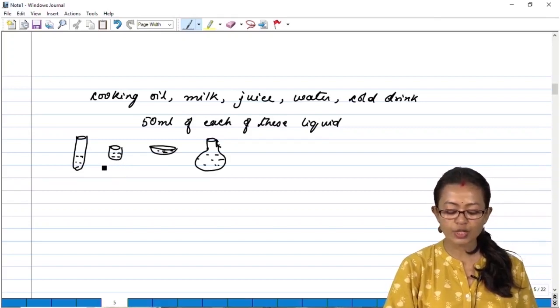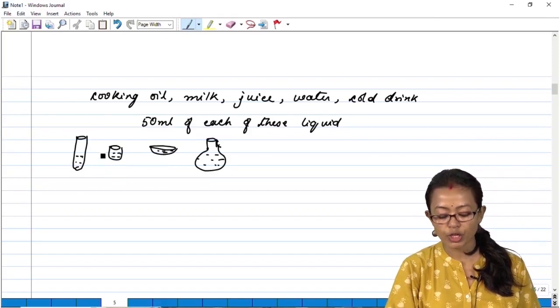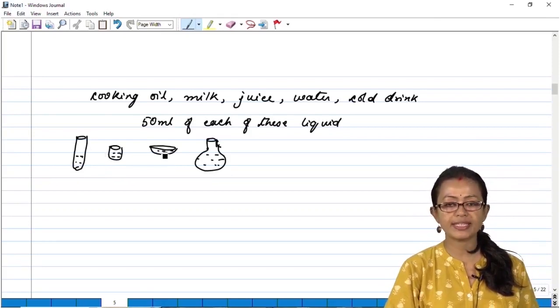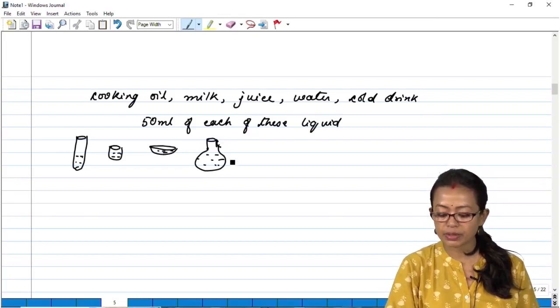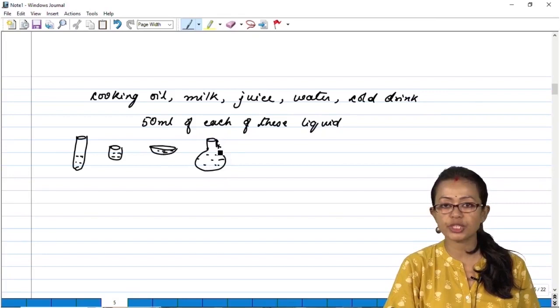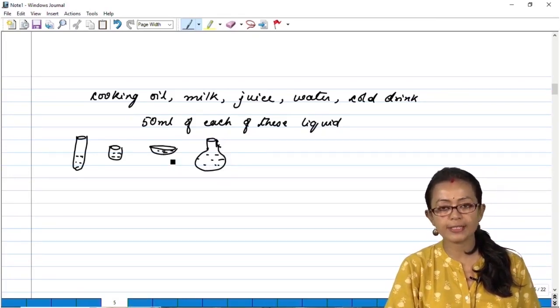Now if I transfer the same cooking oil to a flat disc, you find that it has taken the shape of a flat disc. Then again, if I transfer it to a conical, pitcher type of container, we find that it has also taken the shape of the pitcher.